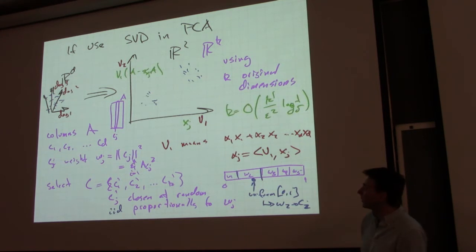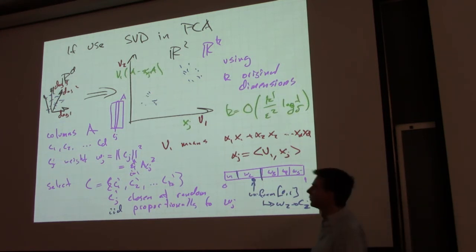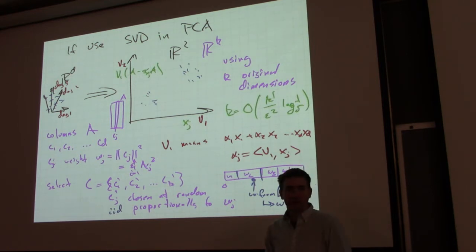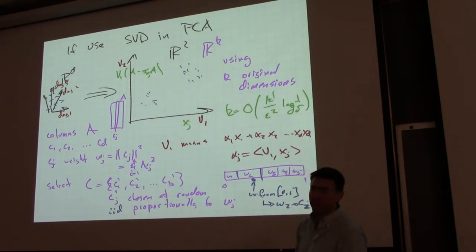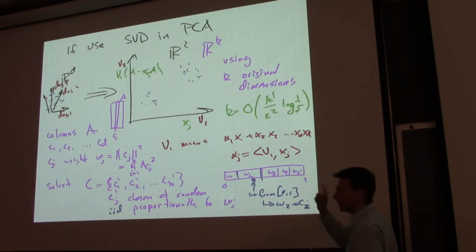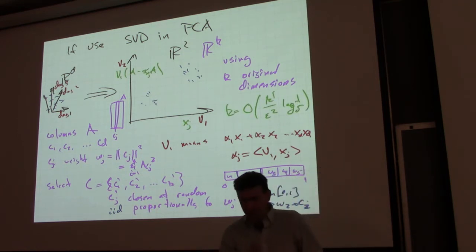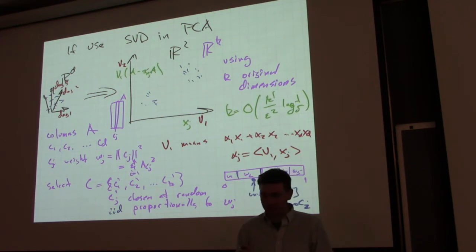Okay, if you care about something with a much smaller number of them, then you're going to do something more complicated like the orthogonal matching pursuit approach, where you select the single most informative of these at a time. I'll tell you a little bit more about that in the next couple of minutes.